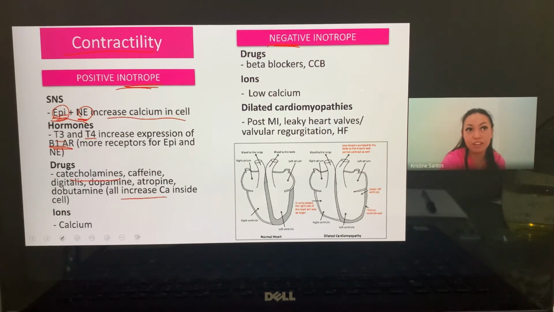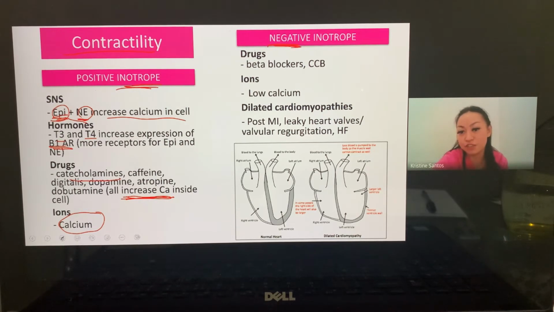They have different mechanisms of action, but ultimately the goal they're trying to achieve is to increase calcium inside the cell. Because if you have more calcium inside the cell, you're going to increase the contractility of the heart. And obviously, ions like calcium. Okay, so just remember positive inotropes: epinephrine, norepinephrine, T3, T4, and calcium. That's essentially it.